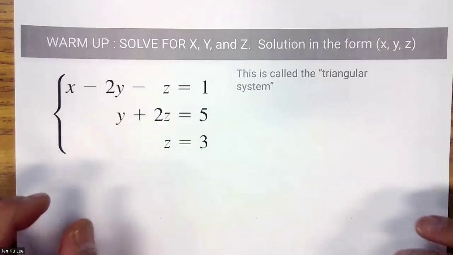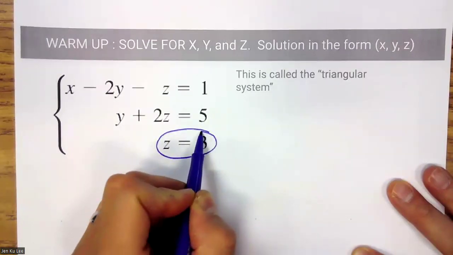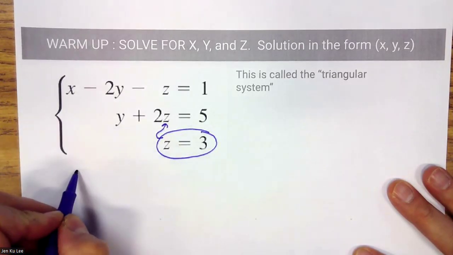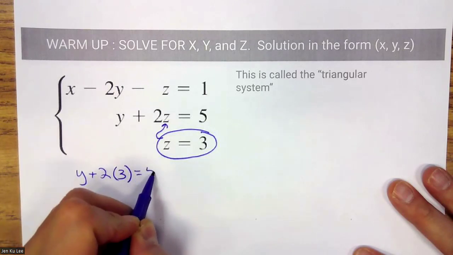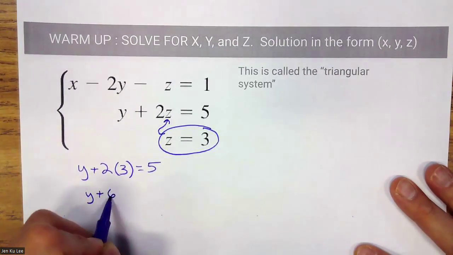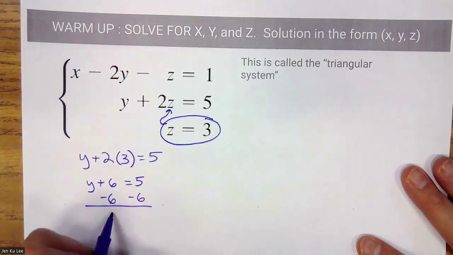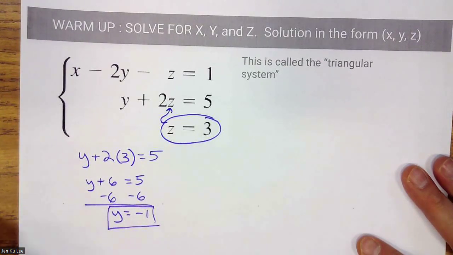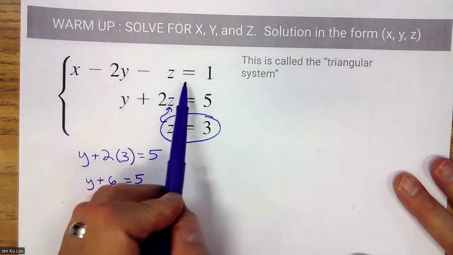So what we have here is z equals 3, right? So I'm going to plug z equals 3 into here to solve for y. So y plus 2 times 3 equals 5. So that's y plus 6 equals 5. Subtract 6 on both sides. Y equals -1. Now that I have z equals 3 and y equals -1, I can use those two values to solve for x in my first equation, right?